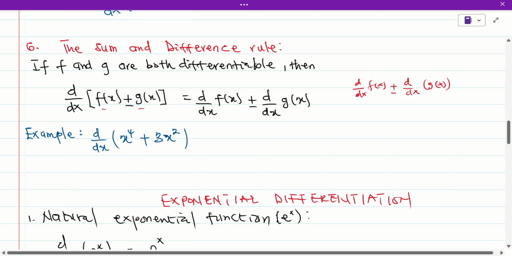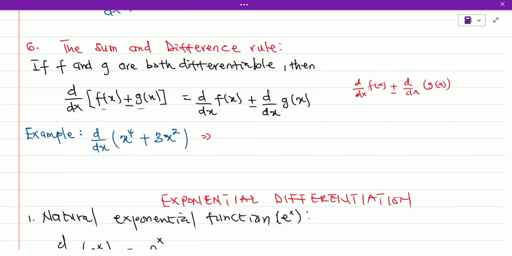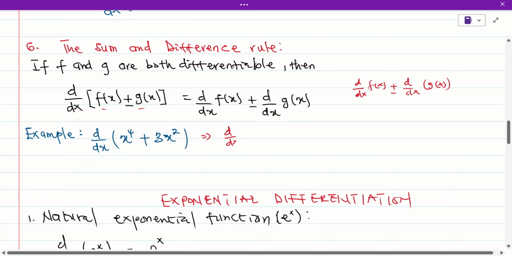All right. So for example, you have been given the function x exponent 4 plus 3x squared to differentiate. So our derivative will be d/dx of x exponent 4 plus d/dx of 3x squared.